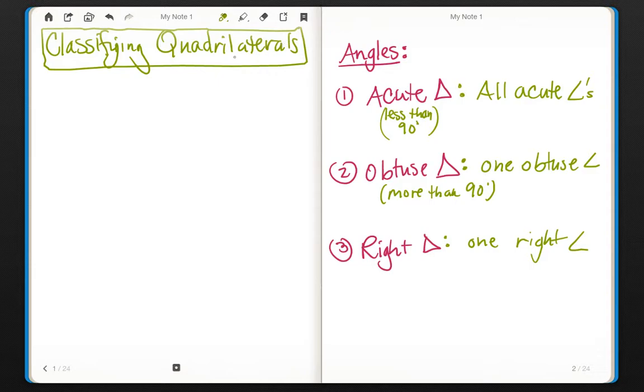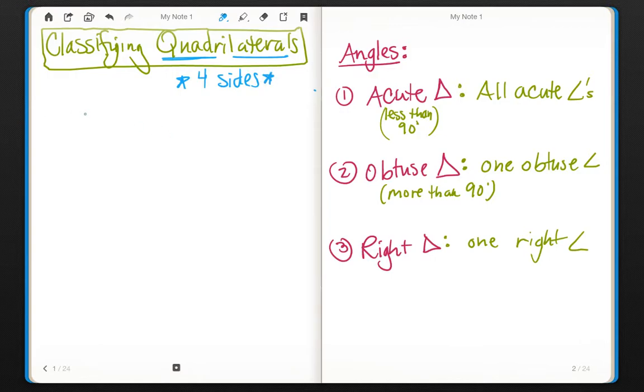Lateral, we already said, means sides. And then quad, what's quad mean? 4. So 4 sides. So a quadrilateral, got all kinds of quadrilaterals, but it's got to have 4 sides. So let's put that down. All quadrilaterals have exactly 4 sides. Just like triangles, all have 3 sides.